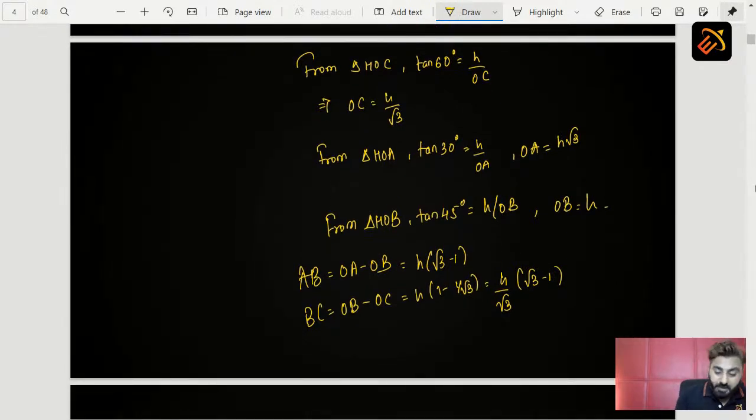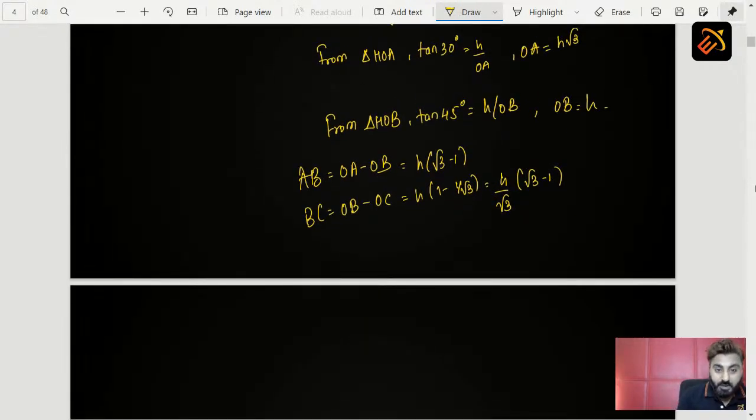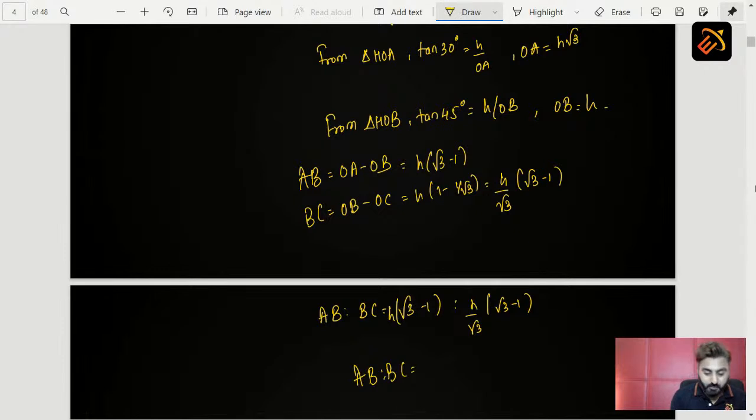And from this we can say that AB is to BC is equal to H into root 3 minus 1 is to H by root 3 into root 3 minus 1. So AB is to BC is equal to what?